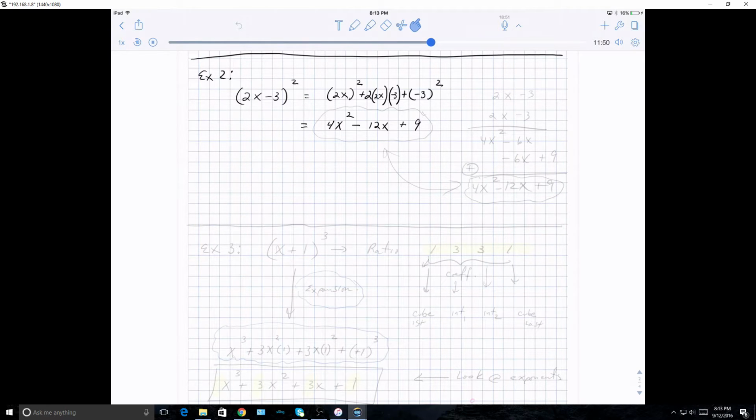Now, again, we encourage you to check it by just doing the product out manually real quick, just to see that this is 4x squared minus 6x minus 6x plus 9. And when you do that all out, we do, in fact, get the same darn thing.